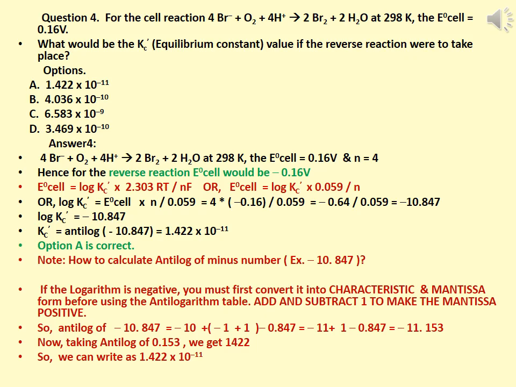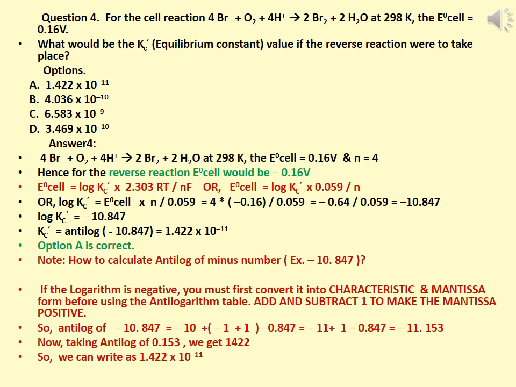What is the reverse reaction? 2Br2 + 2H2O giving 4Br- + O2 + 4H+. That is the reverse reaction. So, let's start with the calculation part. For the given reaction, E0 cell value is given as plus 0.16 volt.